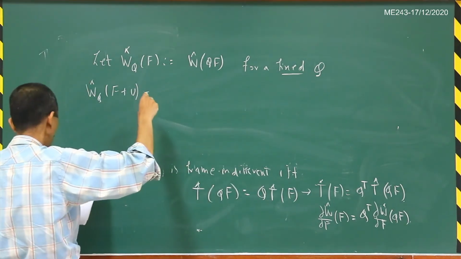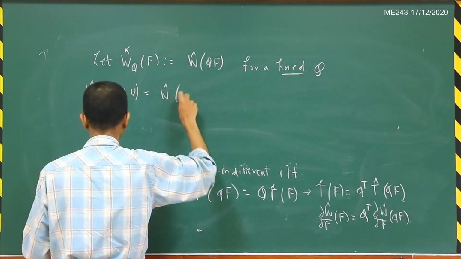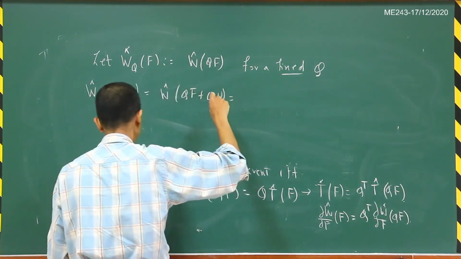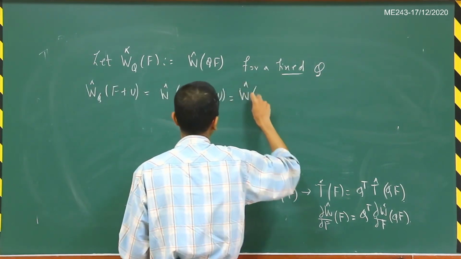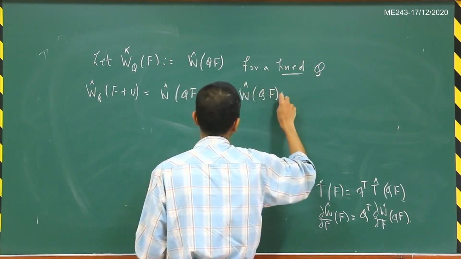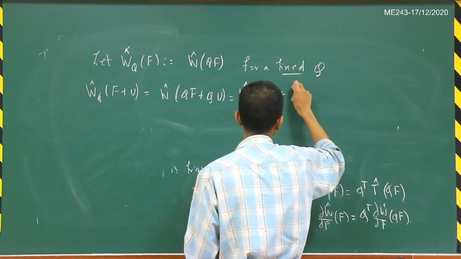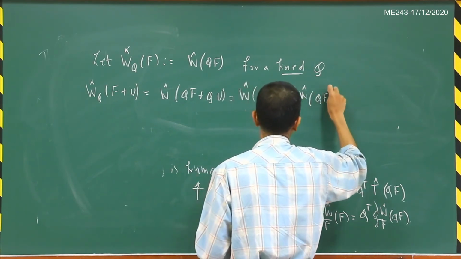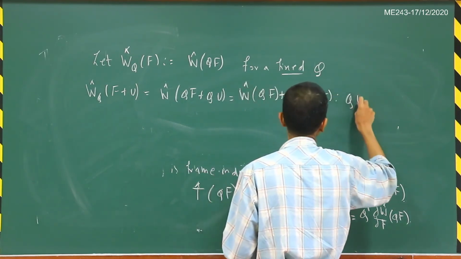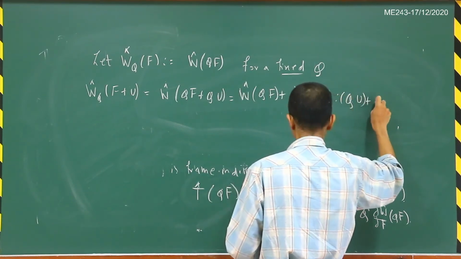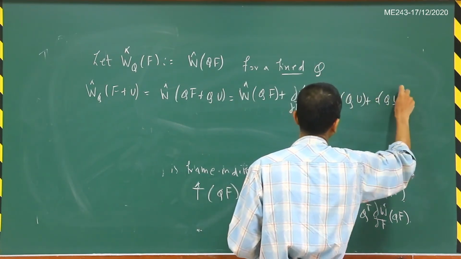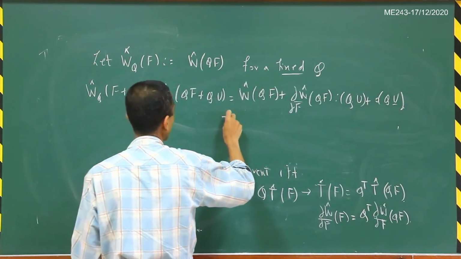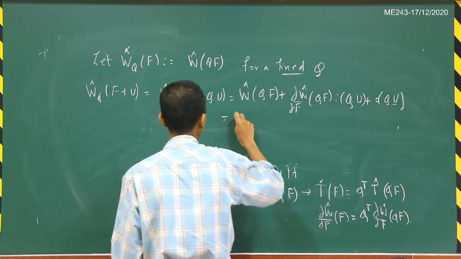So this is equal to W hat of Qf plus Qu, which is equal to W hat of Q times f plus del W hat by del f of Qf matrix inner product Qu plus order of Qu.